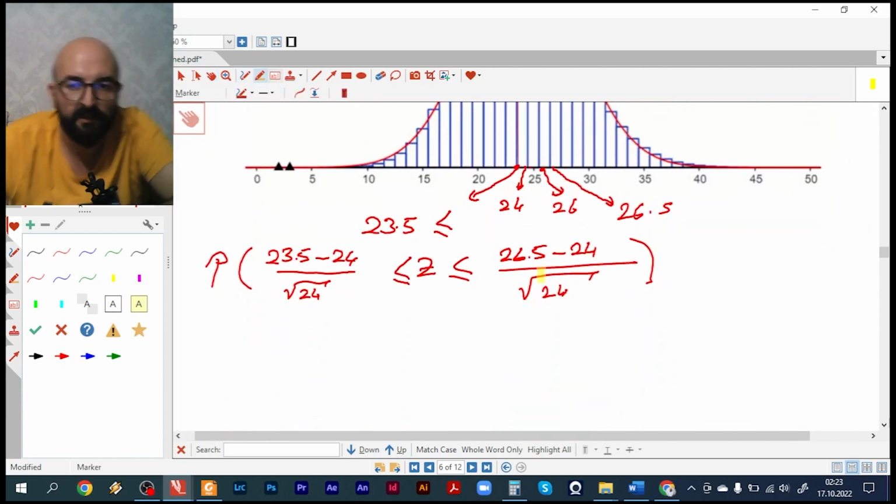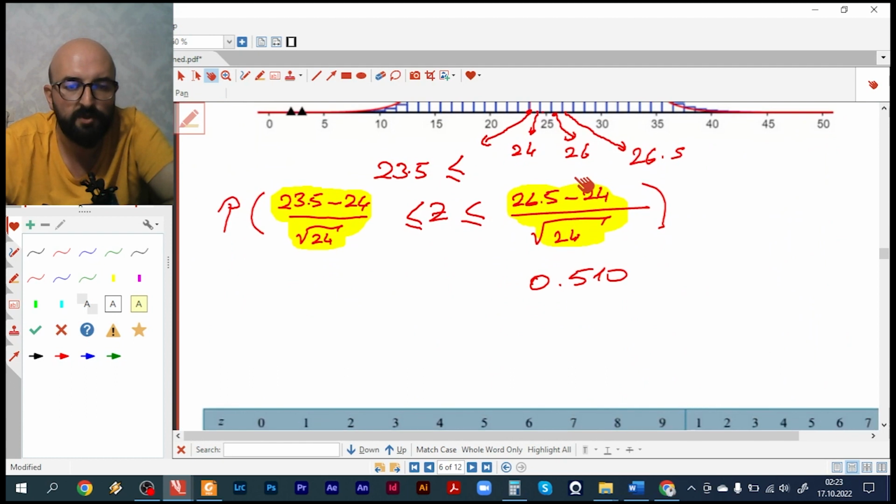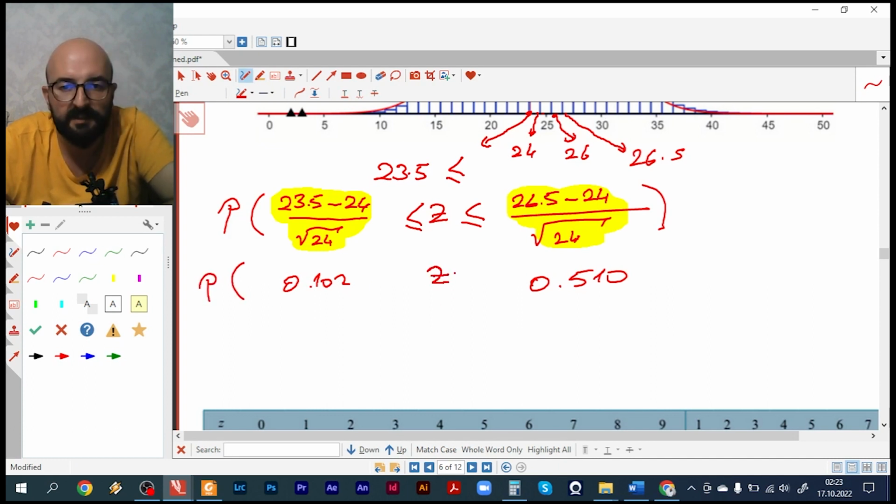The result of this part is 0.51. The result of this part, I want to look again, is 0.102.